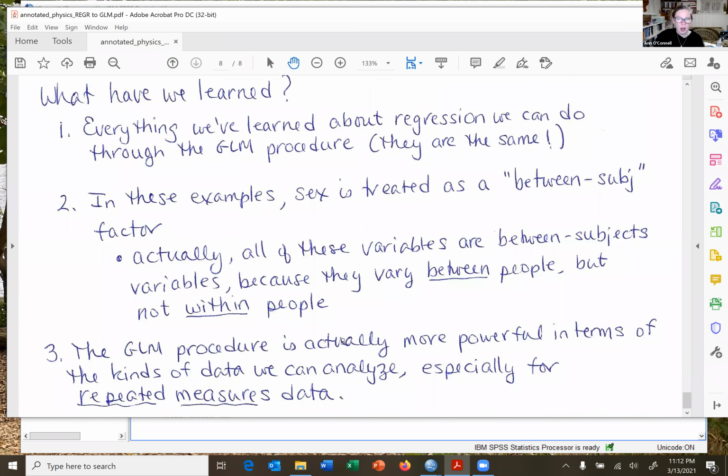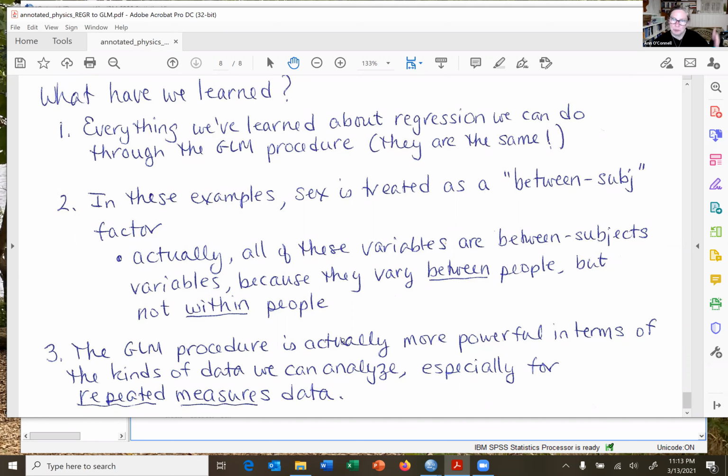So now overall, what have we learned in this brief video? First, everything that we know about regression, we can do through the GLM procedure. That includes testing homogeneity of regression lines, using interactions, creating a polynomial model. We can do all of that in the GLM procedure.